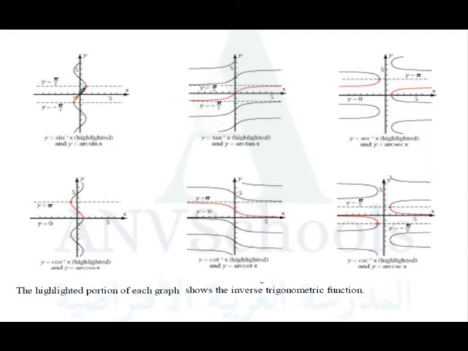To select the principal branch of this relation, you have to look for those portions of the graph which are very near the origin. In this case, this is very near to the origin. At the same time, this is near to the origin. Okay, so look at this. These are near to the origin. This is near to the origin, and it's on the positive side, so we chose it.